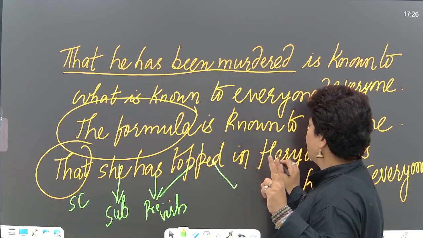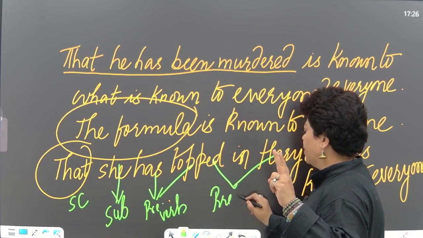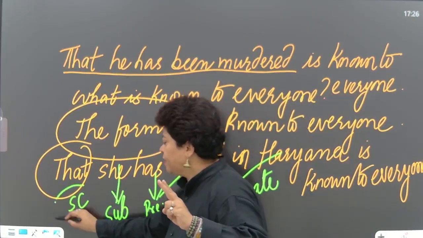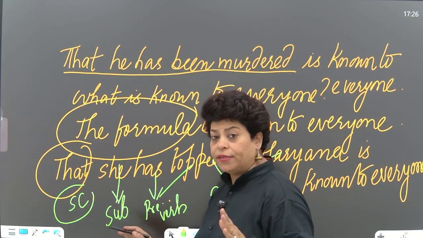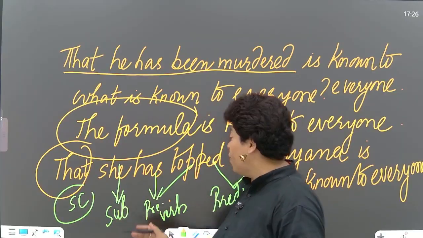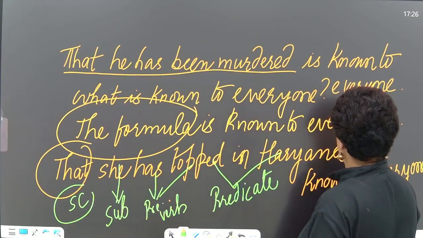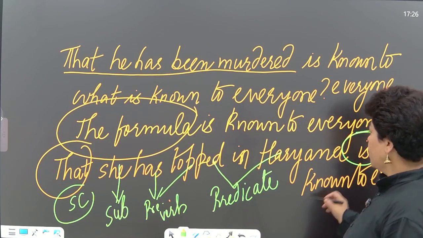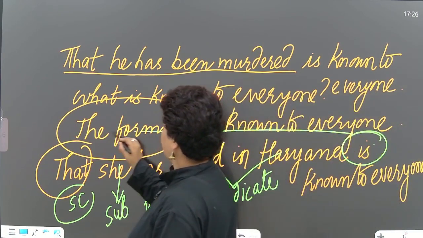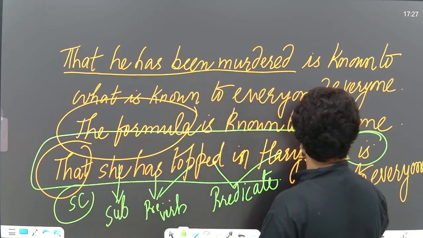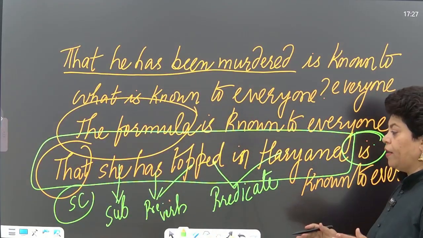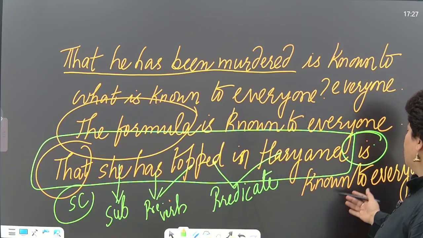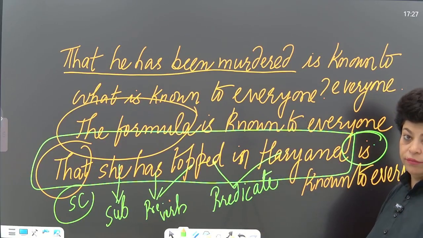And topped in Haryana is again part of the predicate. So this is a complete sentence along with the SC. Hence, it is acting like a noun to the verb is. So, we take this complete part as a dependent clause, that she has topped in Haryana is known to everyone.